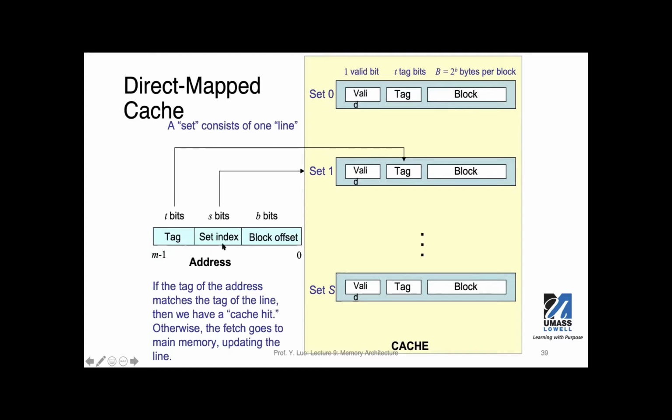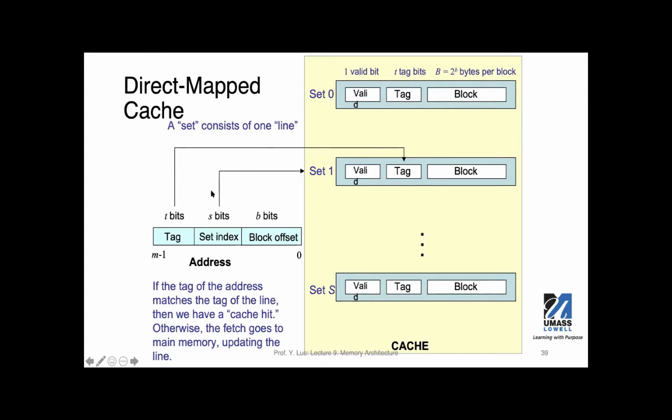Typically, it's a 32-bit address, and here, let's say this small b is 8, so we're talking about 8 bits out of the 32 bits. This is the part of the address we use to find the individual bytes in this block, because in this block, we have exactly 2 to the power of b bytes of data.